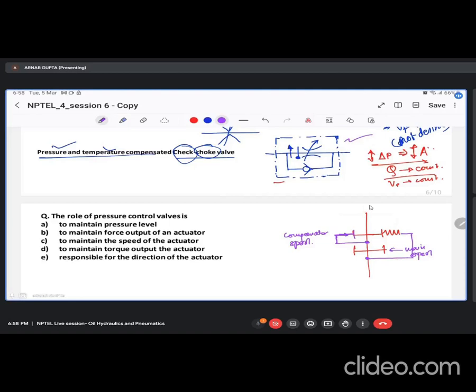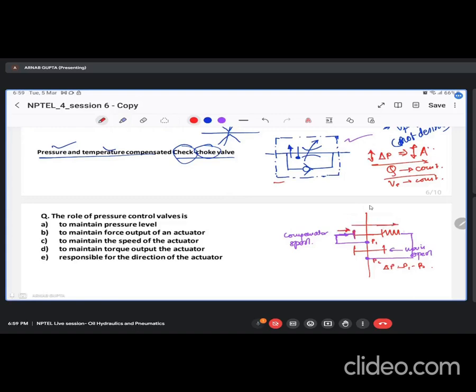So now what happens? This is say P1, this is P2, and delta P is nothing but P1 minus P2. So if delta P increases, that is the upstream pressure increases with respect to the downstream pressure, which means P1 is greater than P2, it will push this particular spool against the spring towards this side.